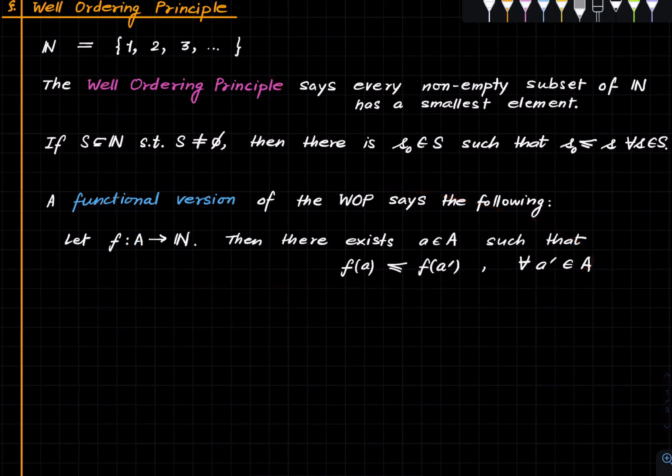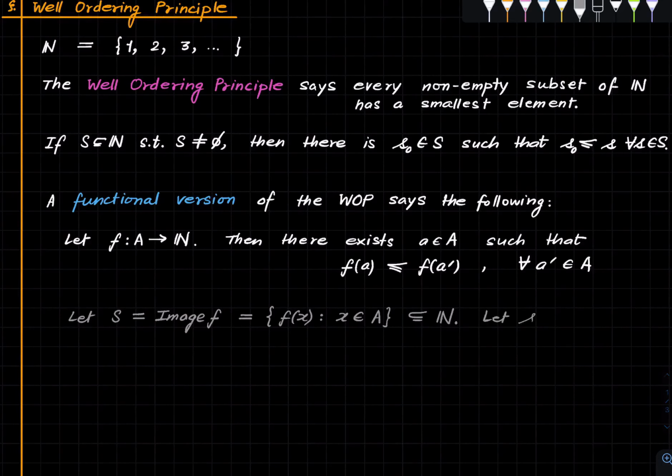To see why, let S be equal to the image of the function f, which by definition is this thing. That is the definition of the image, and this is a non-empty subset of the natural numbers. And therefore, by the well-ordering principle, it has a smallest element.